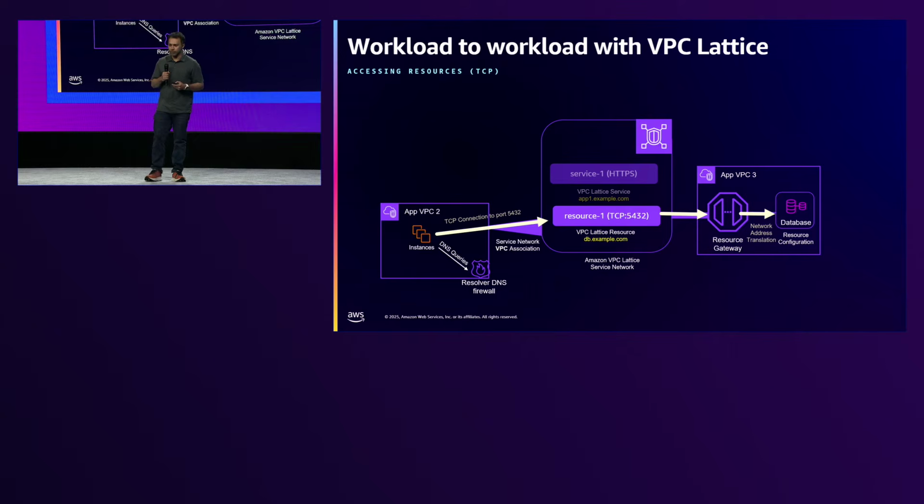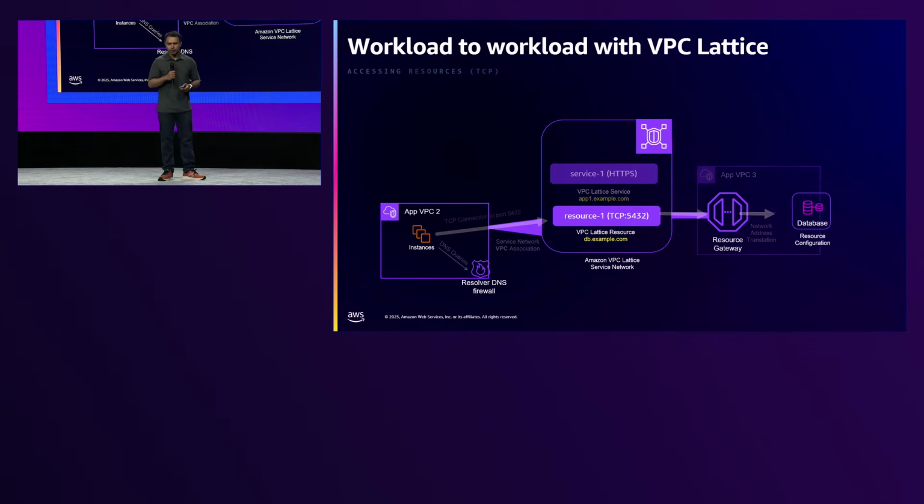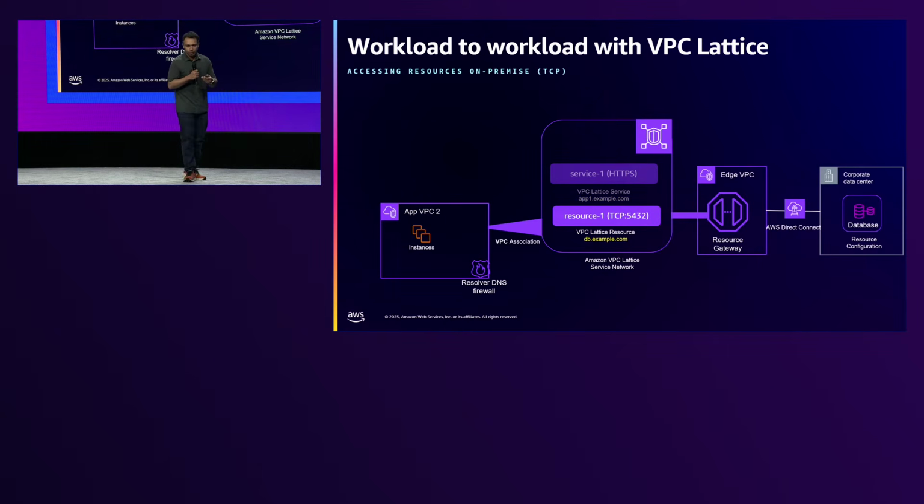So this is your architecture when your TCP resource lives inside of AWS and your consumer also lives inside of AWS. If we expand this use case, what happens when your database is sitting in your on-prem data center, and you're using a mechanism like Direct Connect to provide IP connectivity between your data center and AWS? Assuming you have provided the resource config and you have associated the resource with the resource gateway, nothing actually changes.